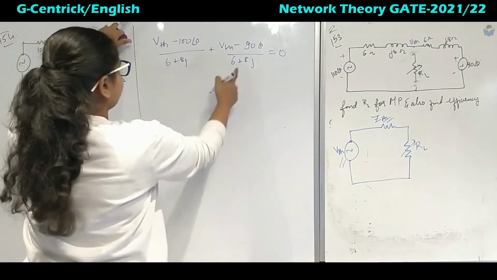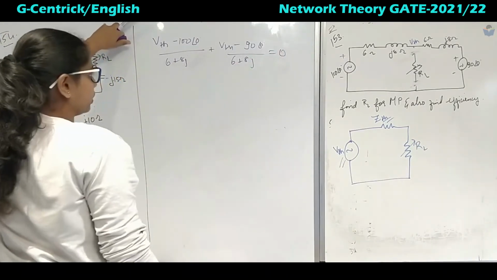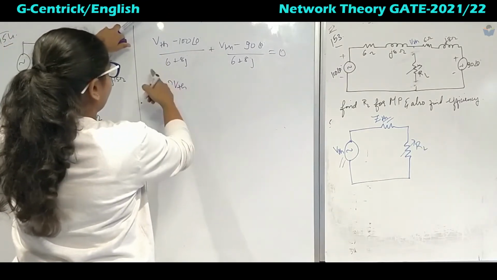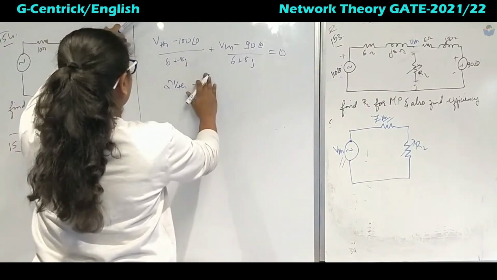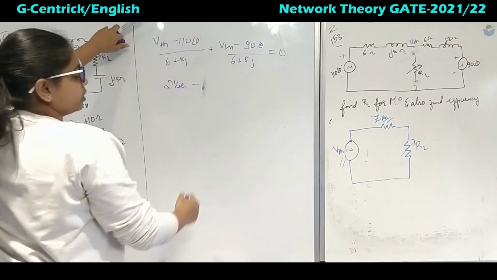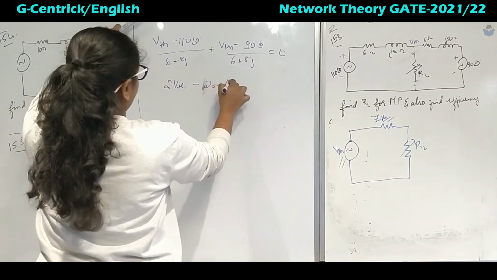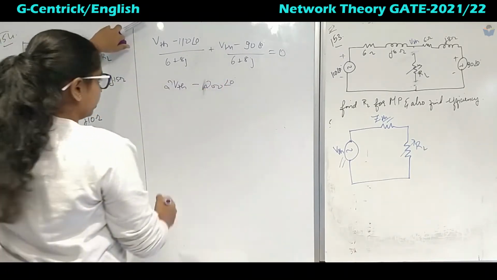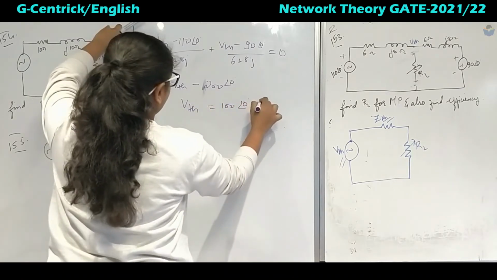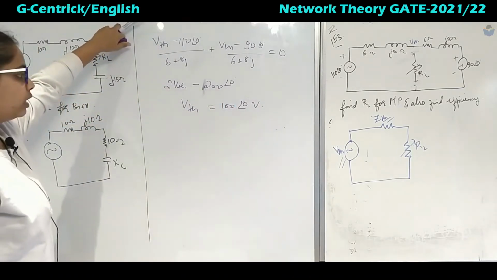Both are the same. Since the denominators are the same, directly we can add: 2 VTH minus 200 angle 0 degree equals 0. So what will be VTH? 100 angle 0 degree volts. So we got our VTH.